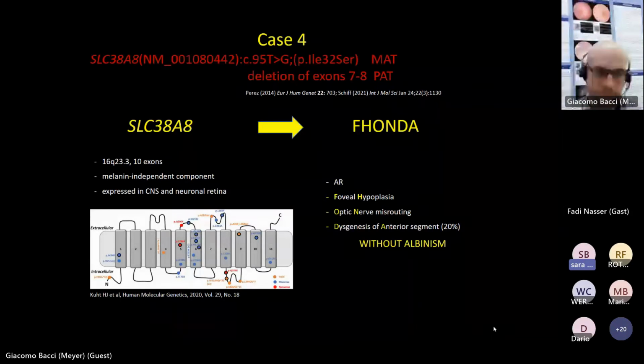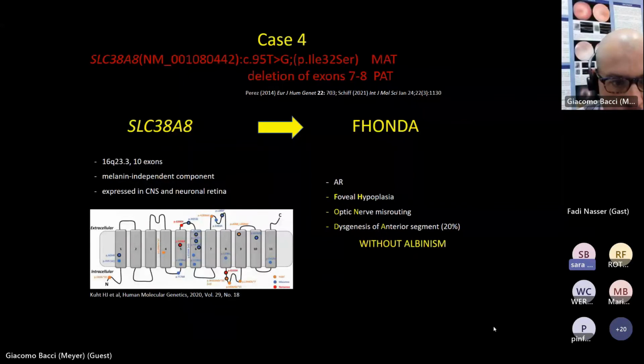In this girl, we found a missense mutation in compound heterozygosity with 2 exon deletions in gene SLC38A8. This is the gene that is encoding a protein that is part of a melanin-independent pathway that is essential for the development of fovea and the optic nerve.